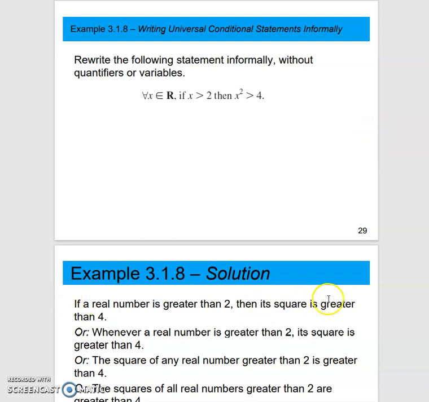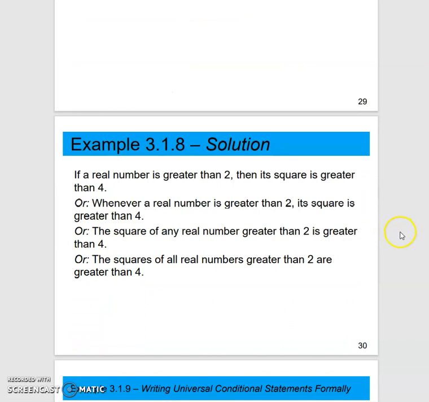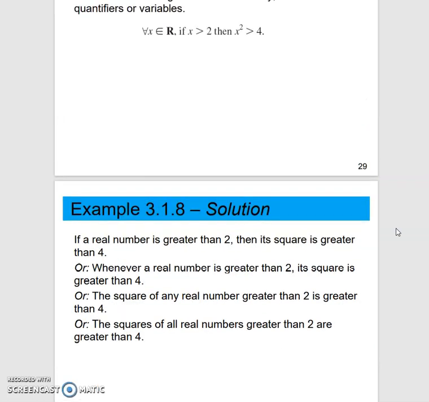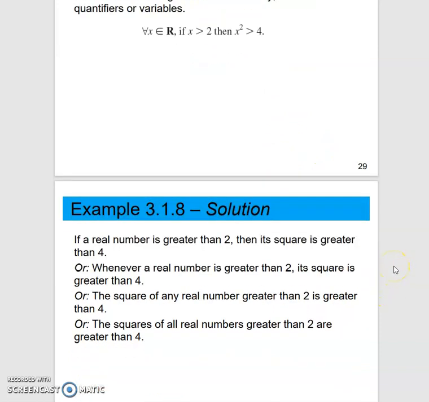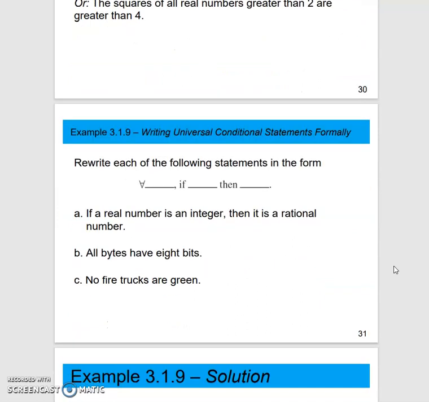And so again, there's just the straight out how I would read that. And here's a couple ways I could try to phrase it. If a real number is greater than 2, then its square is greater than 4. And you can see a couple other ways to phrase that. They would all be acceptable. Generally speaking, though, we're going to want to be more formal rather than less formal. So that's not a type of problem we're generally going to see in this class.